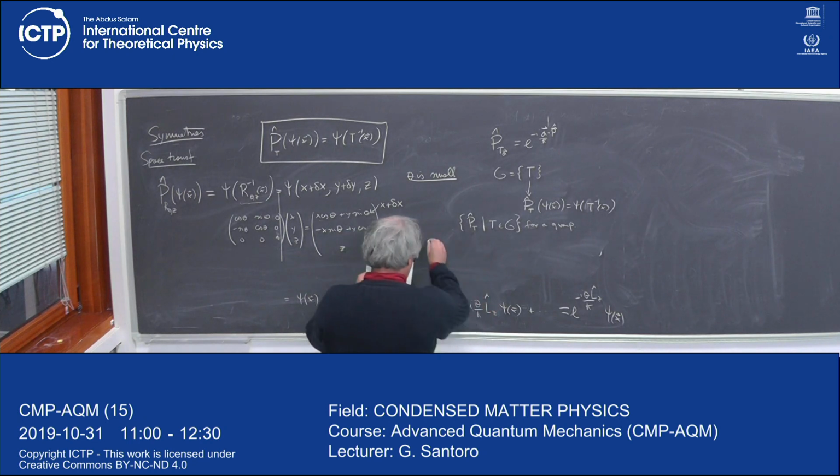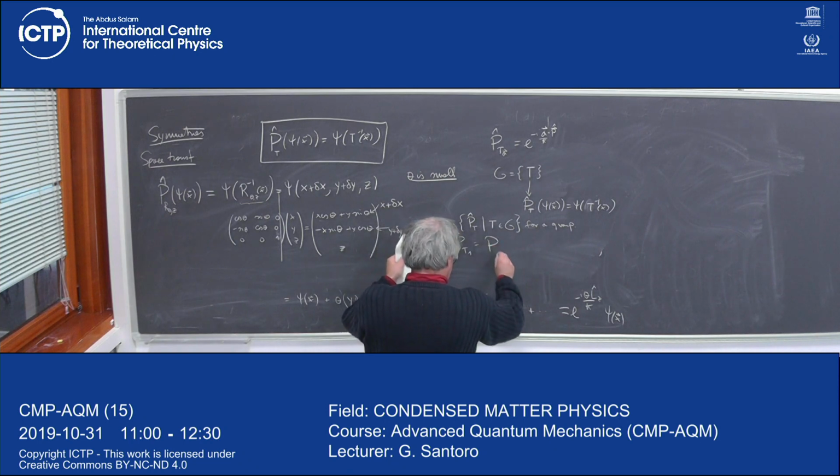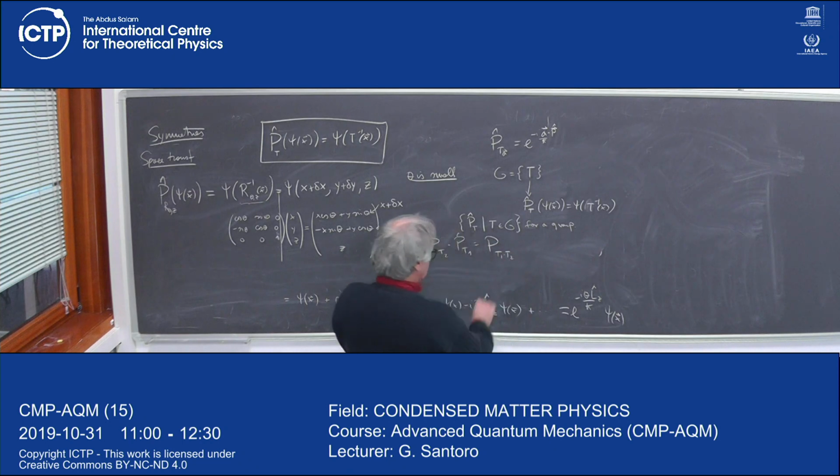And in particular, for instance, you can prove that P of T2 applied after P of T1 is equal to P of T1 composed with T2, exchanged. Careful. The reason for the exchange is T to the minus 1.